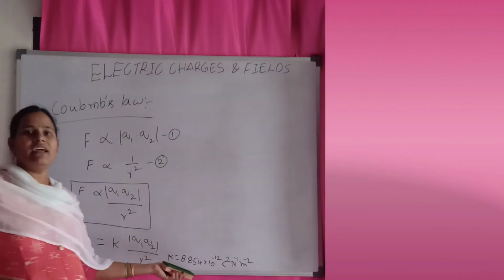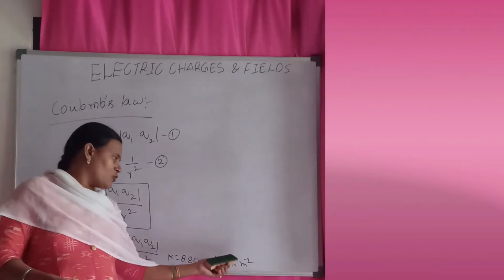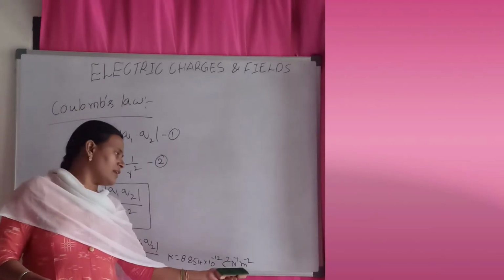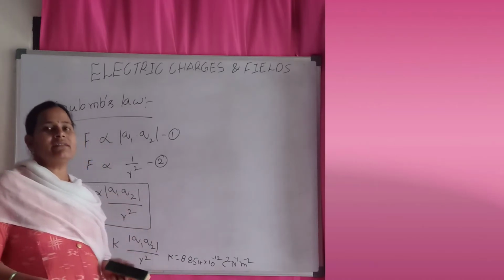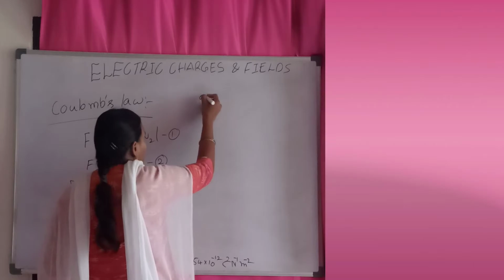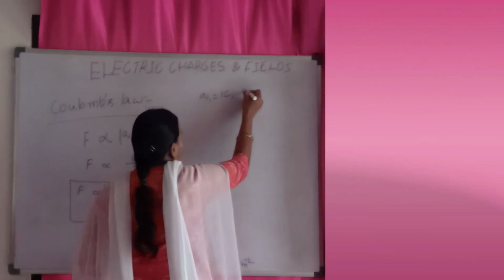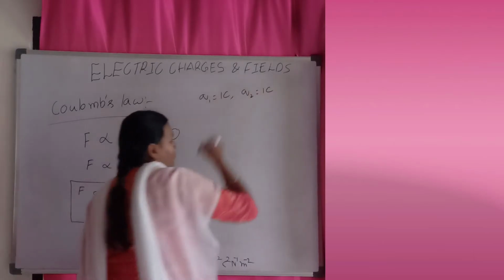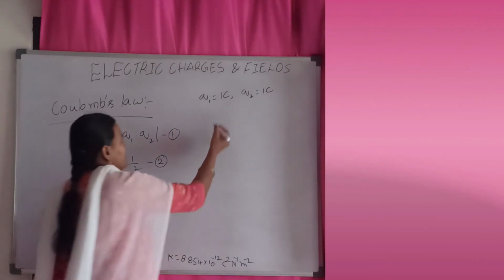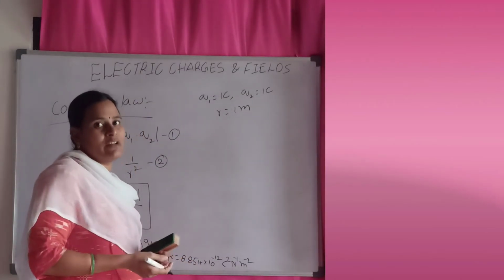The value is 8.854 into 10 to the power of minus 12 Coulomb square, Newton to the power of minus 1 and meter to the power of minus 2. And here he took q1 equals 1 Coulomb and q2 equals 1 Coulomb, separated by a distance of 1 meter, and he observed how much the force would be.